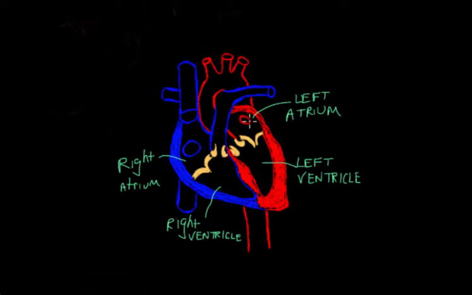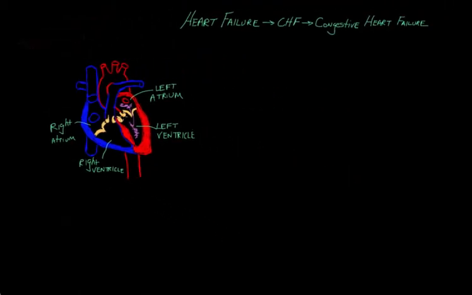And why don't we start with some oxygenated blood from the lungs enters into the left atrium here. And then it is transported down here into the left ventricle. And from the left ventricle, the blood is pumped out into the aorta and into the body. And every organ that you can think of in the body is going to have some blood pumped to it.